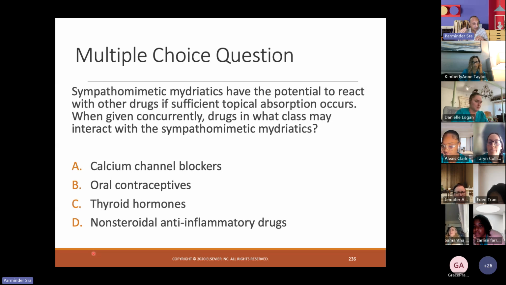The cardiac arrhythmia or cardiac dysrhythmia can get severe when they are mixed with these thyroid hormones, because remember, somebody with hypothyroidism, they're kind of low, slow.